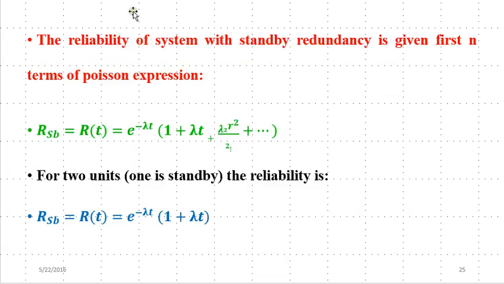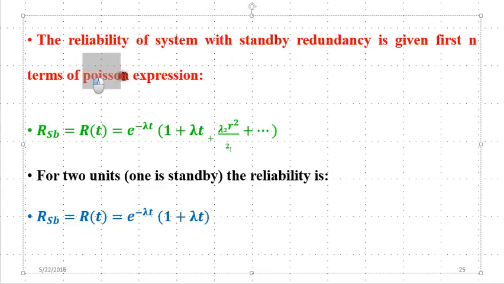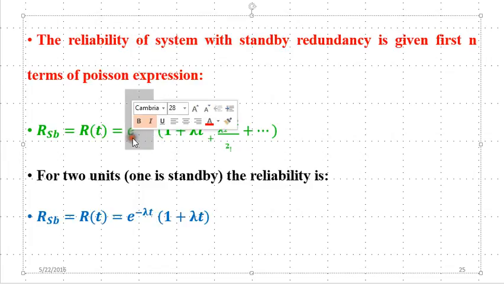So in this case, the reliability of passive redundancy, that is standby redundancy, is calculated using the first n terms of the Poisson expression, and the formula is given by this. Reliability is equal to exponential minus lambda t. If you can remember, this is the basic reliability of a single unit.